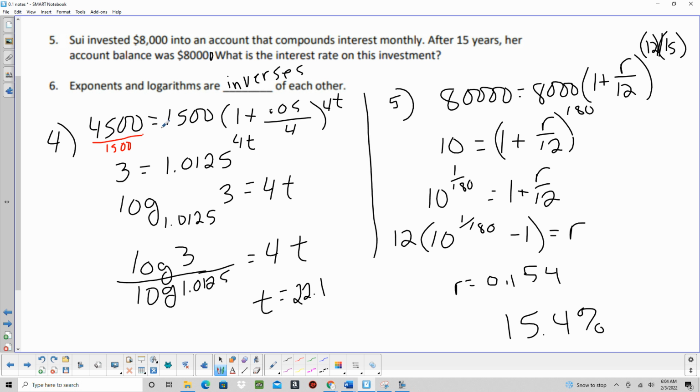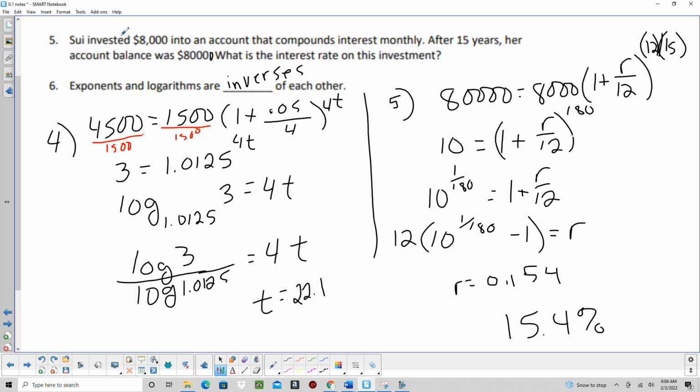That is where the 3 comes from. And I simplified what was in the parentheses. Rewrote it in log form. So log base 1.0125 of 3 equals 4t. Used my change of base. And then divided by 4.